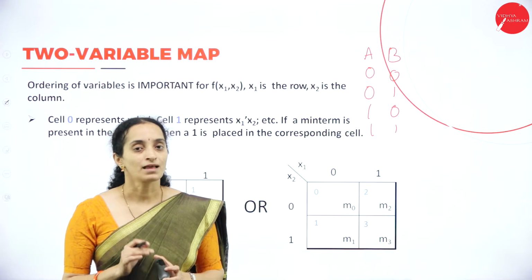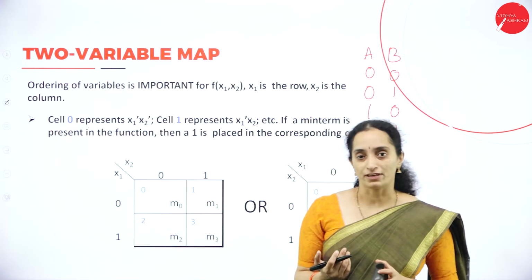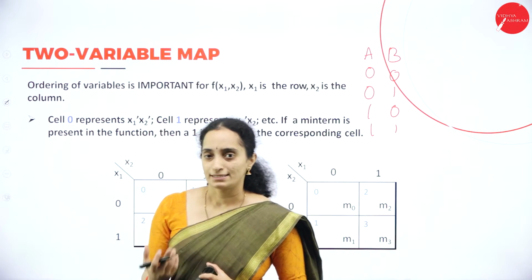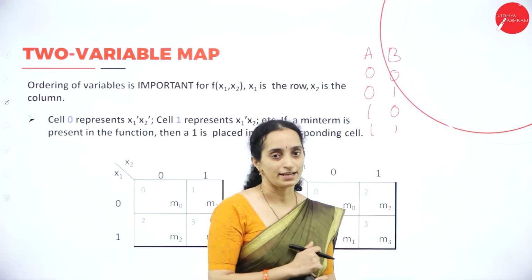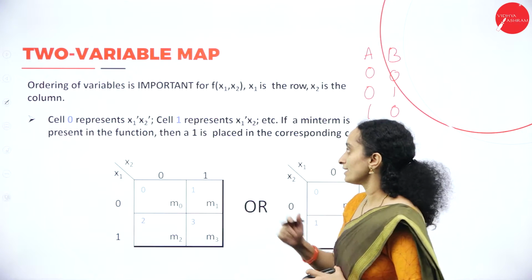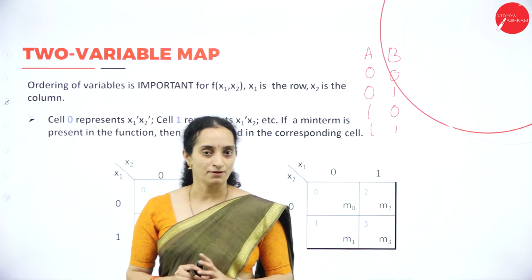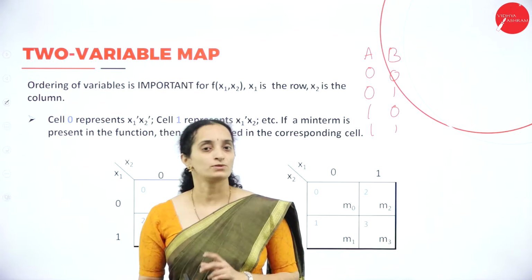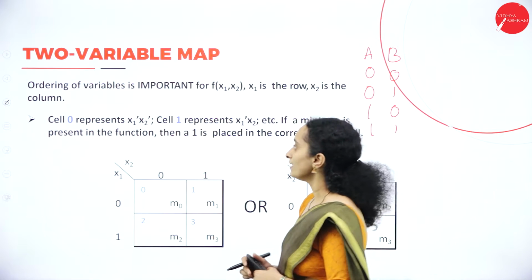In this session, I am going to explain how the K-map construction and simplification varies with the number of variables. Okay. The first thing is to know how the two variable map will work. Already we know about the two variable map, but let's just revise this.